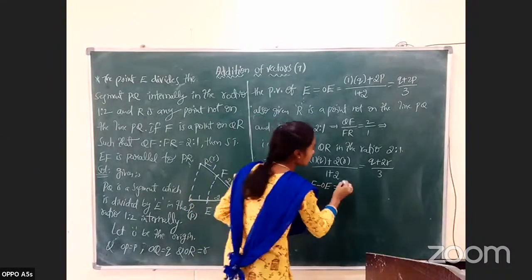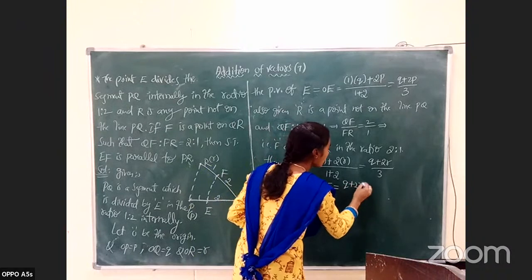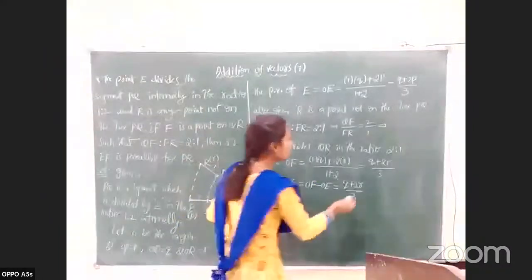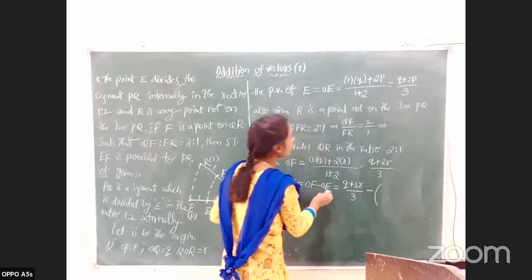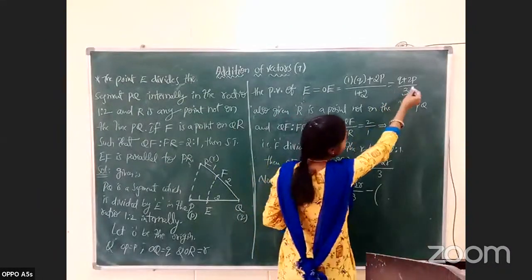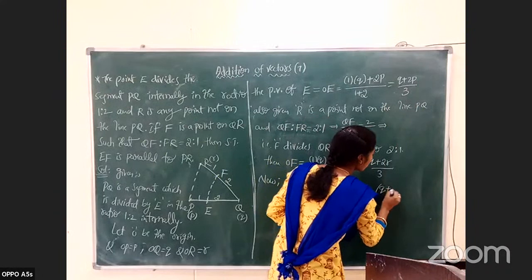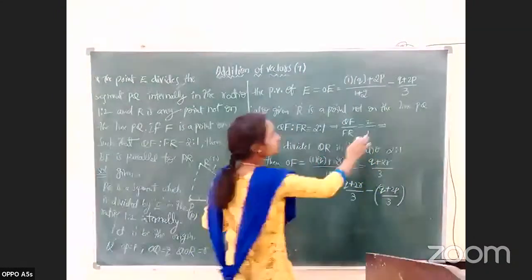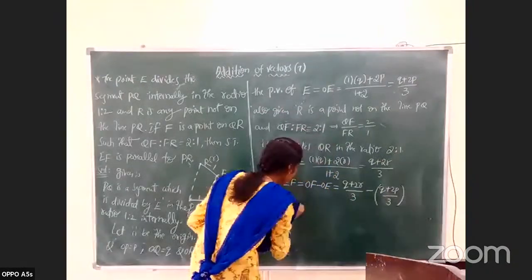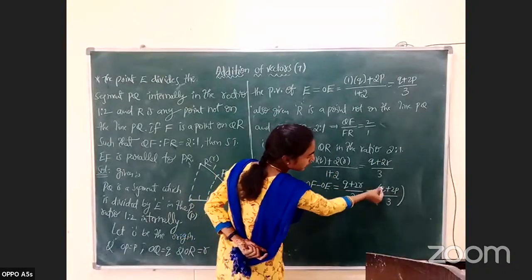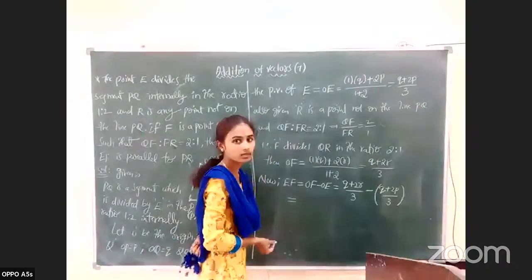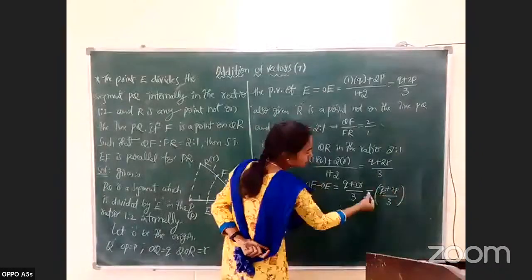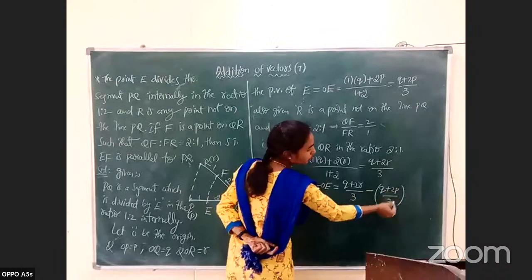OF is (Q plus 2R) by 3, minus OE, which is (Q plus 2P) by 3. So Q by 3 minus Q by 3 becomes cancelled, and when we multiply by the minus sign, the total becomes minus Q by 3 minus 2P by 3.